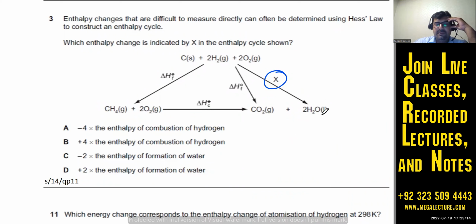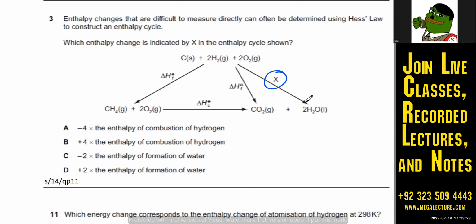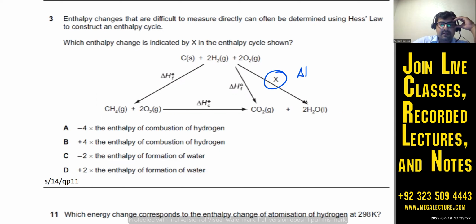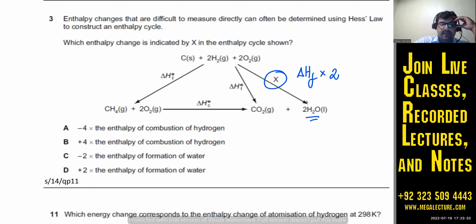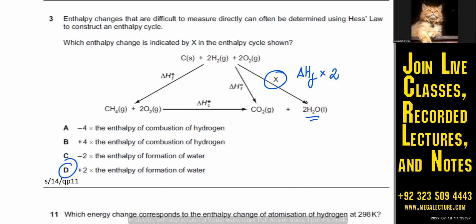H2 and O2 are producing H2O. So what would you call this? Enthalpy change of formation. You can call it delta HF, right? But it's 2 moles of water getting produced, so it's delta HF multiplied by 2. So D is right.